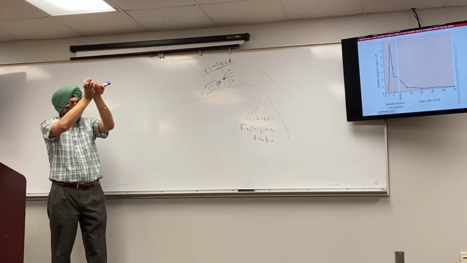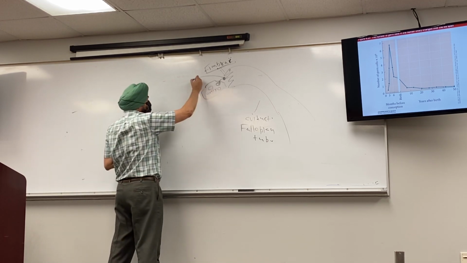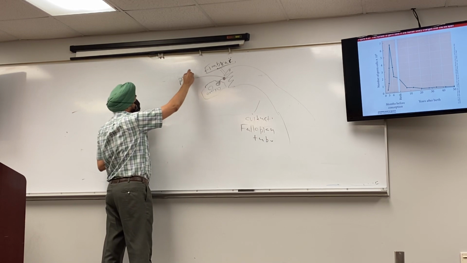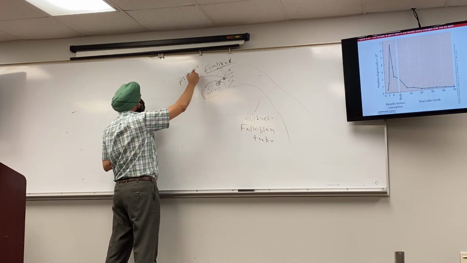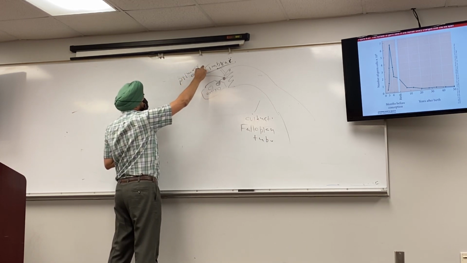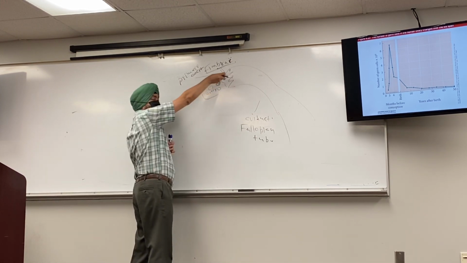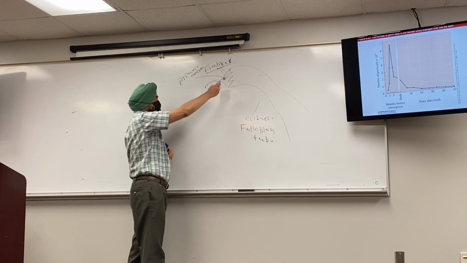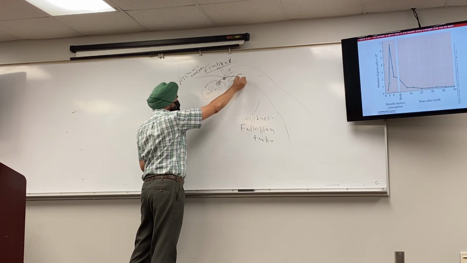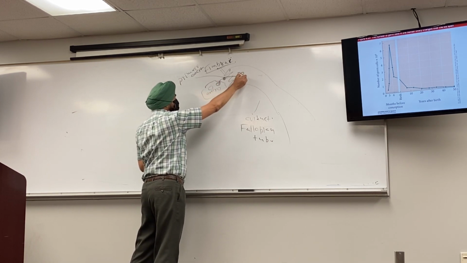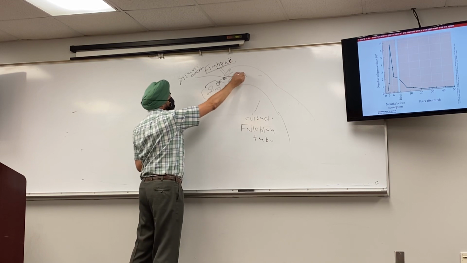That oocyte is actually a primary oocyte because it has undergone the first meiotic division. The primary oocyte will be captured by these fimbriae. The fimbriae catch it, and it then moves into this area and is surrounded by all the cumulus cells.